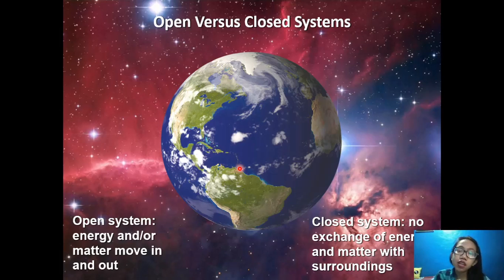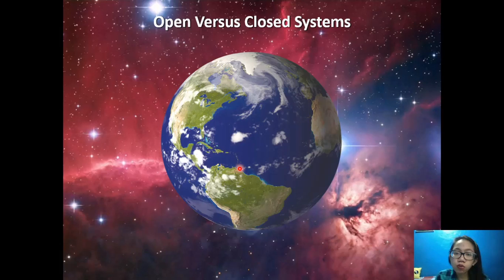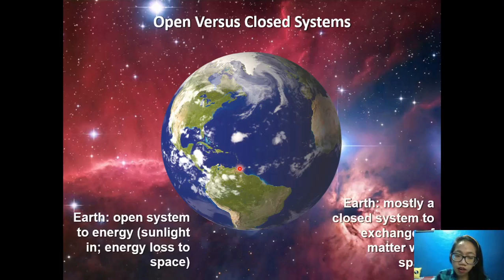Everything that is within the Earth, the resources, the energy that we consume, is within the Earth. Same goes with the waste that we produce. All of it is still a closed system. So essentially, Earth is a closed system. That's why it's very important to study their interaction.